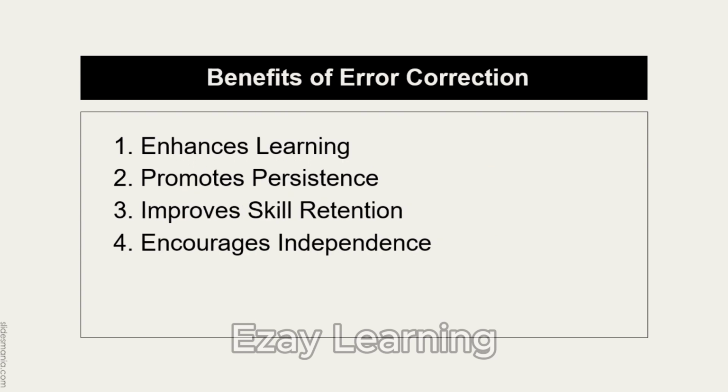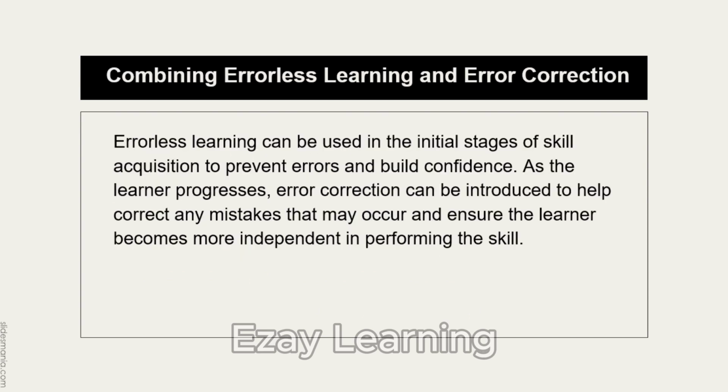The benefits of error correction are it enhances learning, promotes persistence, improves skill retention, and encourages independence. Errorless learning and error correction can be combined. Errorless learning can be used in the initial stage of skill acquisition to prevent error and build confidence. As the learner progresses, error correction can be introduced to help correct any mistakes that may occur and ensure the learner becomes more independent in performing the skill.